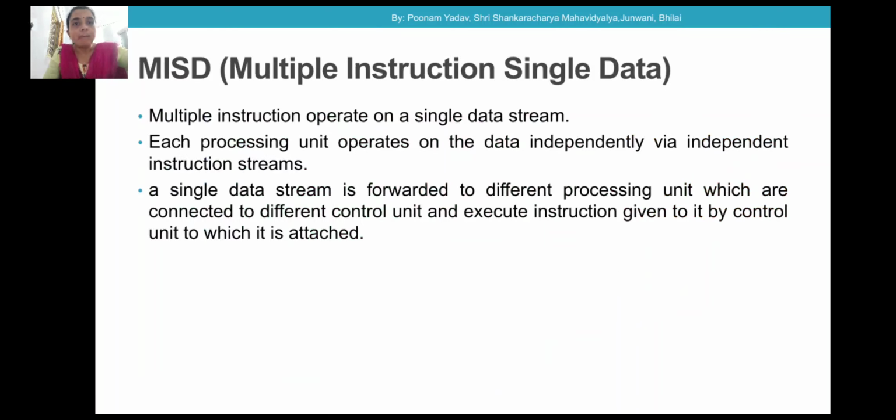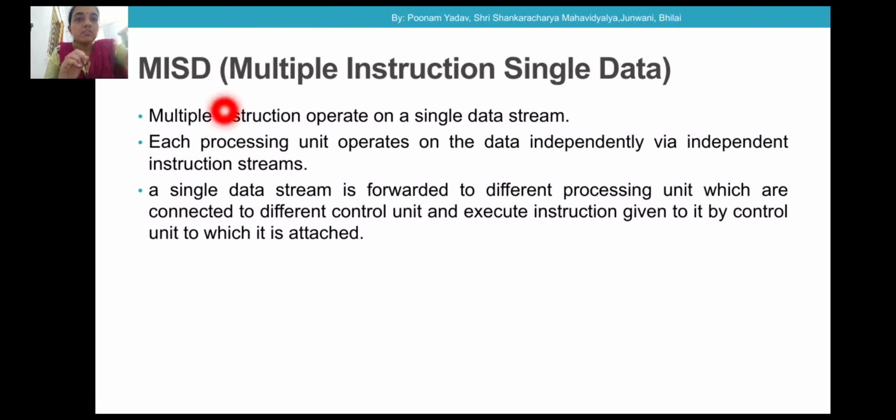Now MISD: multiple instructions operate on a single data stream. It means the data stream is one single stream and there are multiple instructions. Suppose at a particular unit of time we perform A plus B, then A into B, then A divided by B, then A minus B. So the instructions are different but the data are the same.